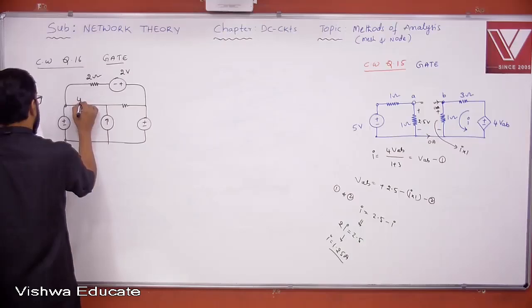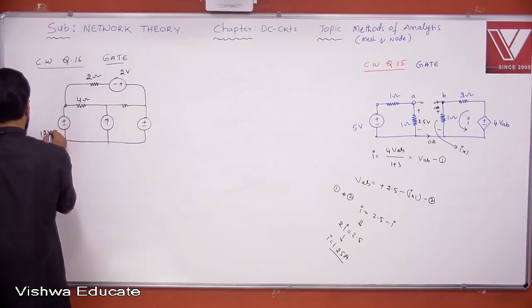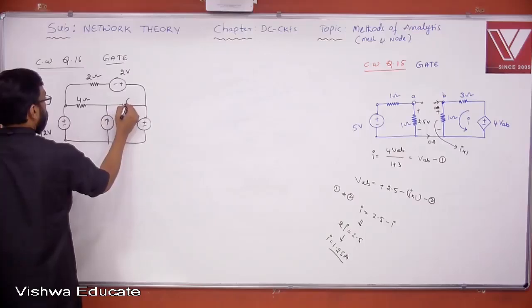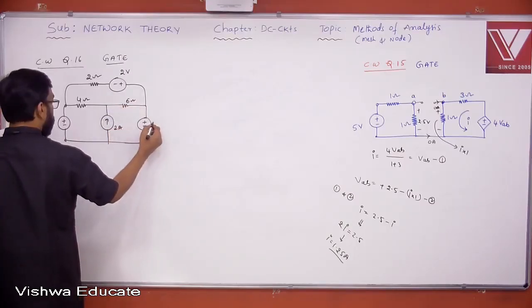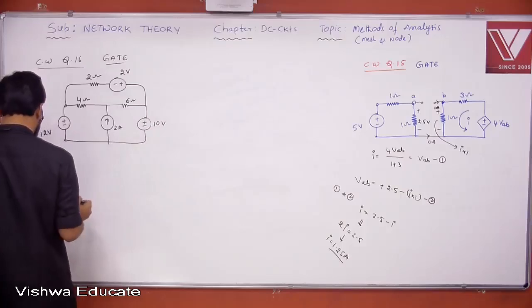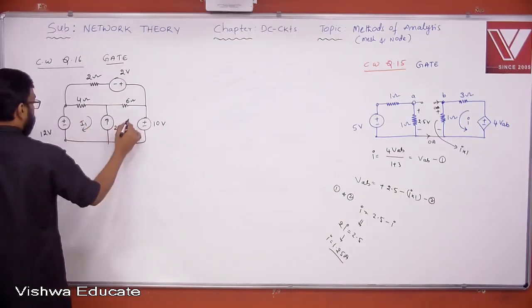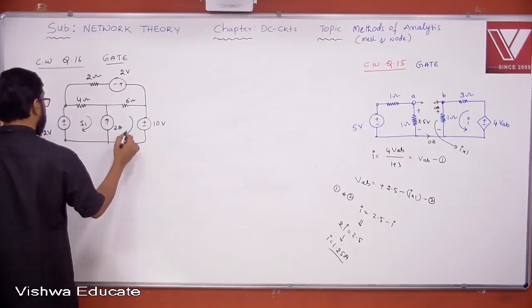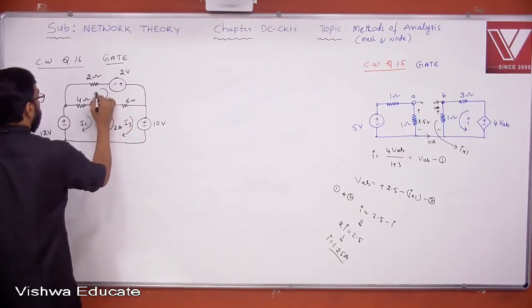If you draw the network, here 2 ampere, this is 10 volt. Here it is given I1, and this is given I3, and this is given I2.